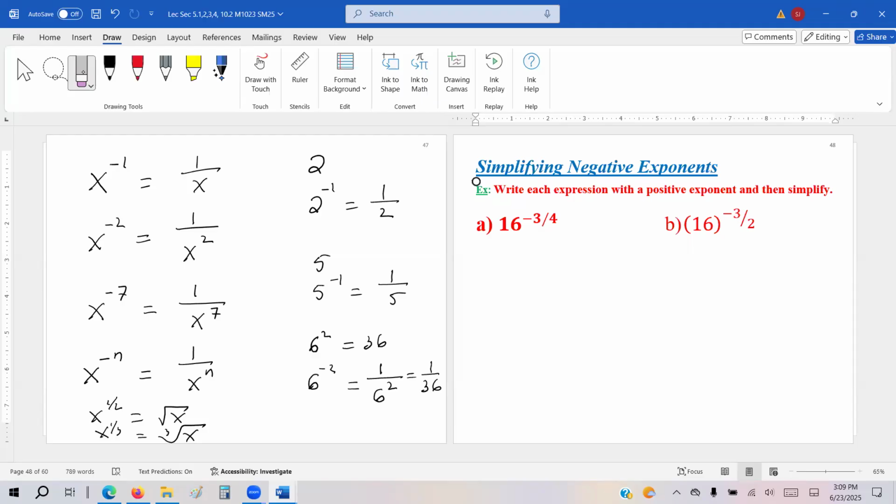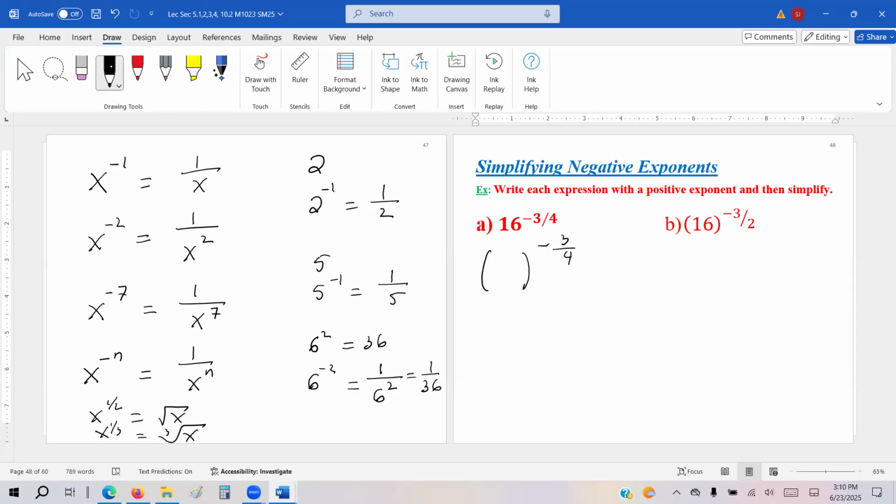For the first one, let me keep the negative and simplify first. So if we simplify first, we need to keep our negative 3/4 power and rewrite the 16. How would you rewrite 16? One number to which power? 4th power.